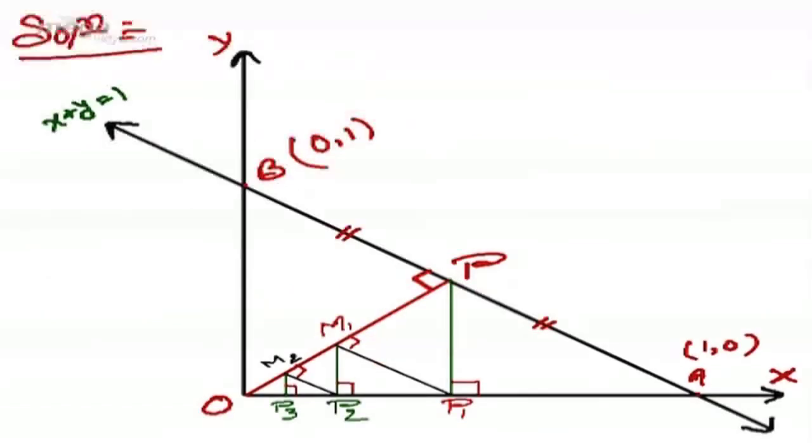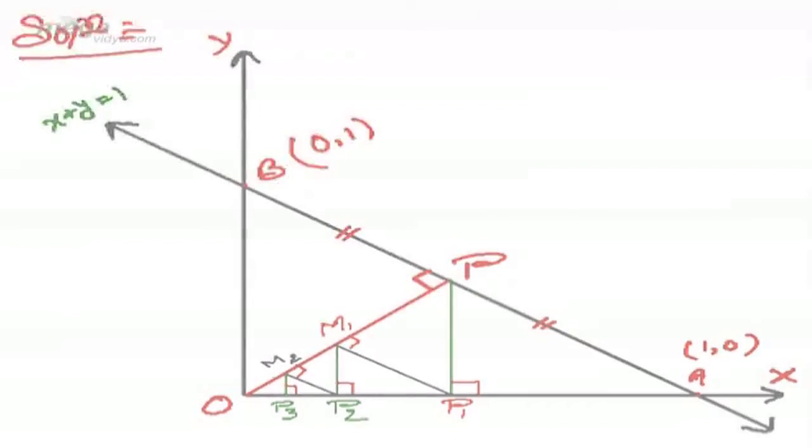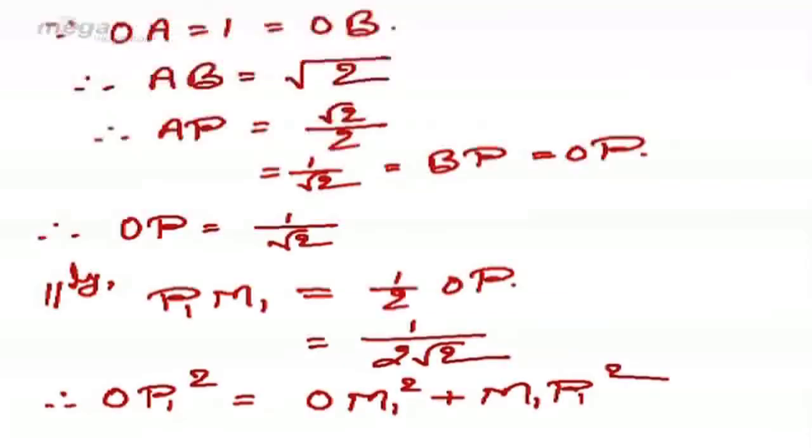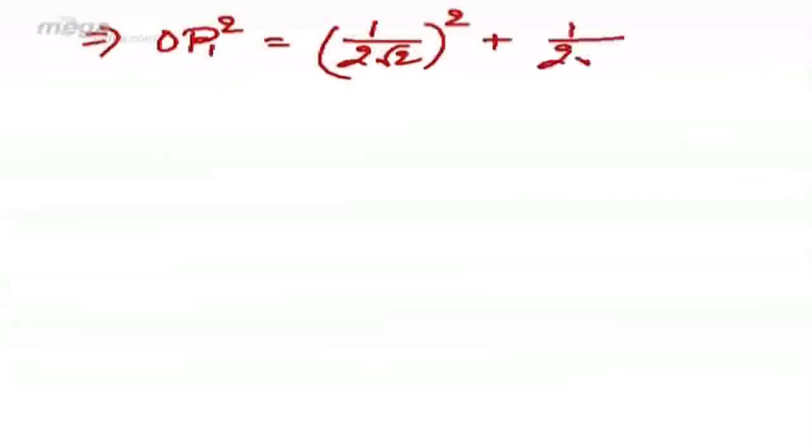Now we will find OP1 using this figure. OP1 square is equal to OM1 square, which is 1 upon 2 root 2 squared, plus P1M1 square, which is again 1 upon 2 root 2 squared.